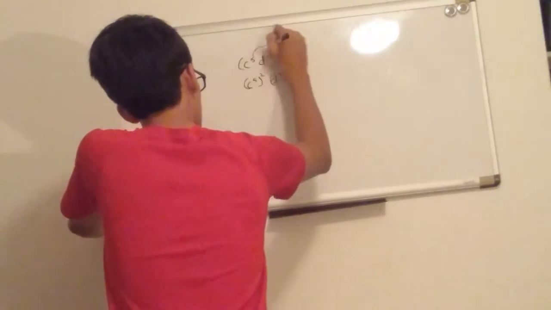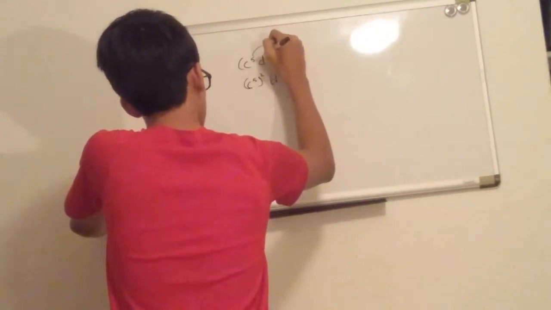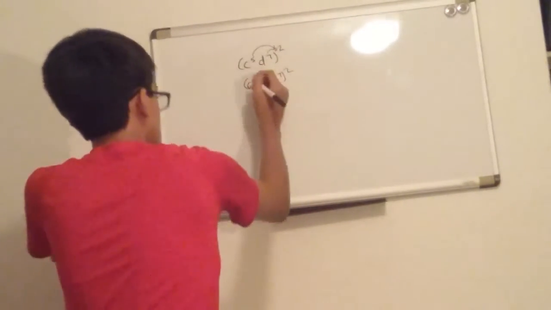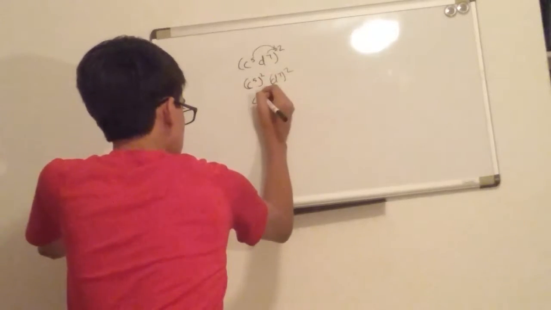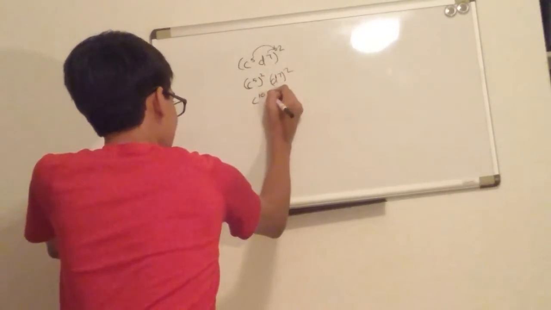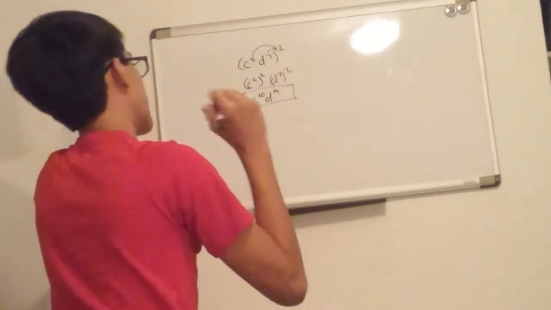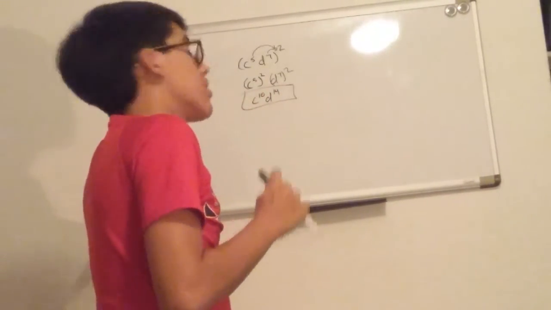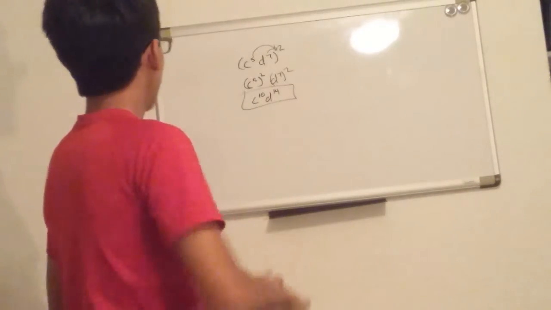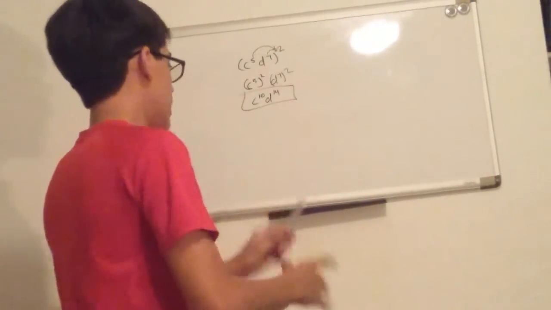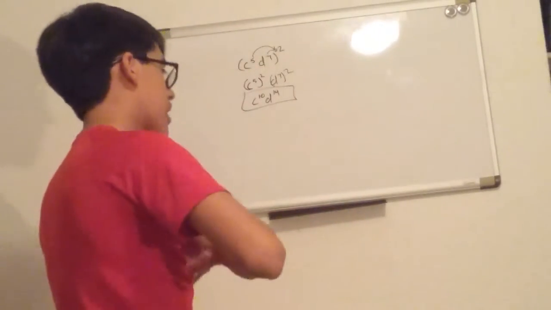So automatically I know that these exponents have to be multiplied, right? So times 2 is 10 and times 2 is 14. That is my answer right there. Wait a minute, did I even... Yeah, I actually did get that right. Yes! It feels so good to get them right.